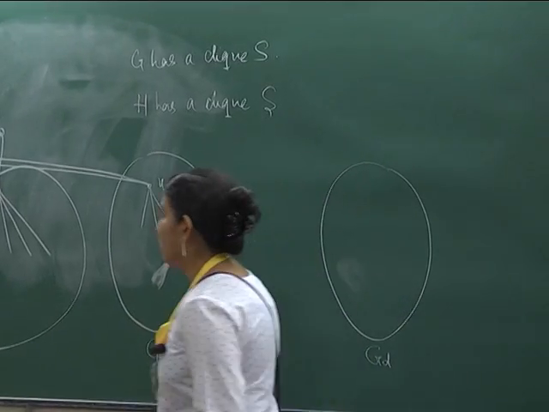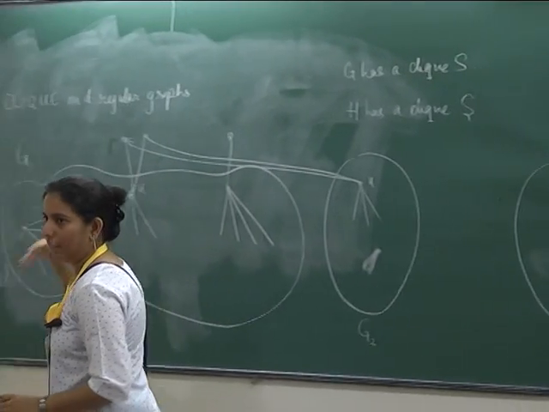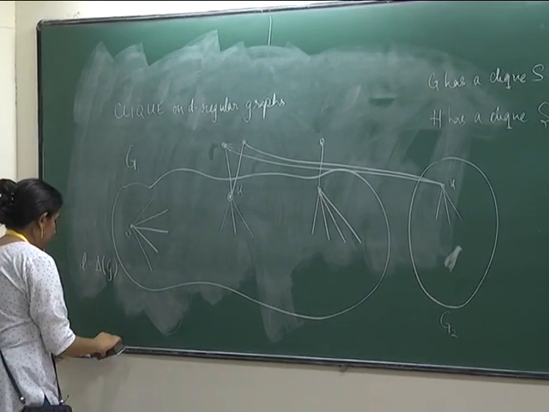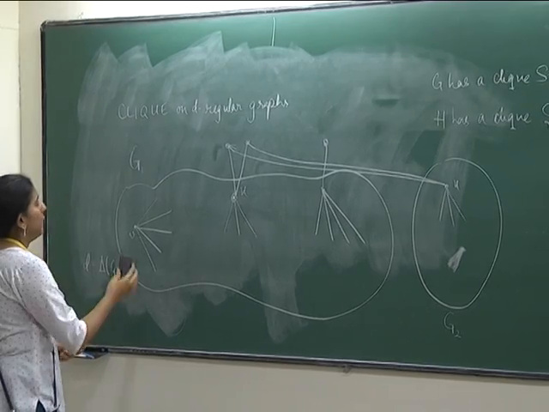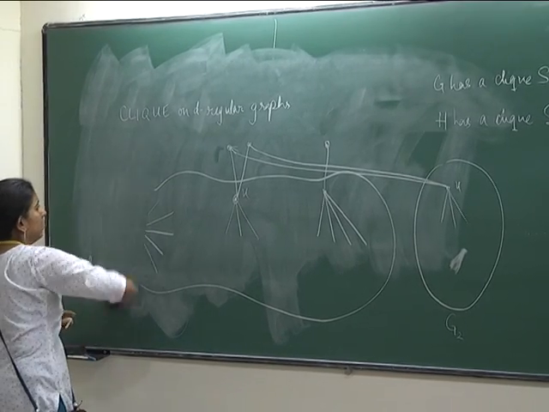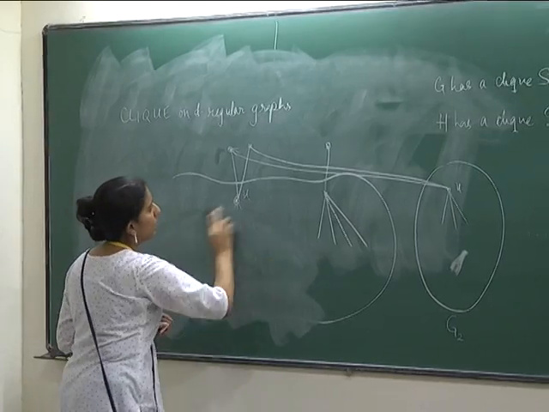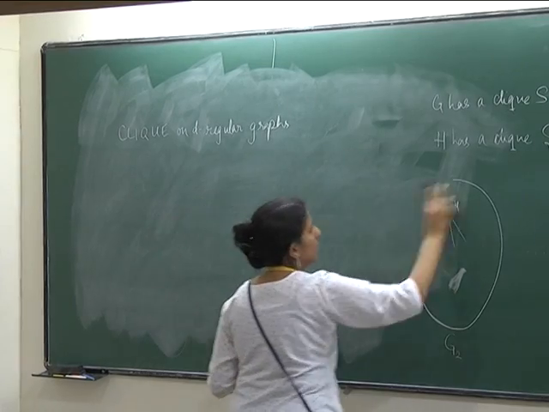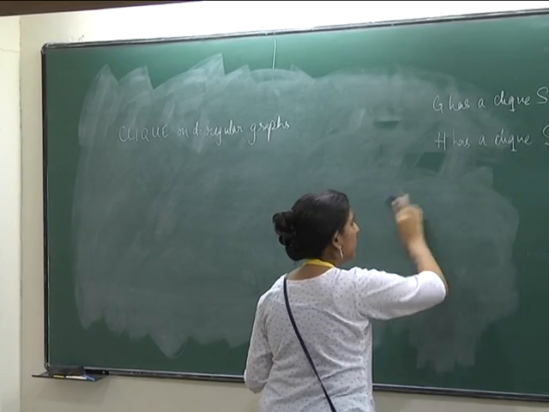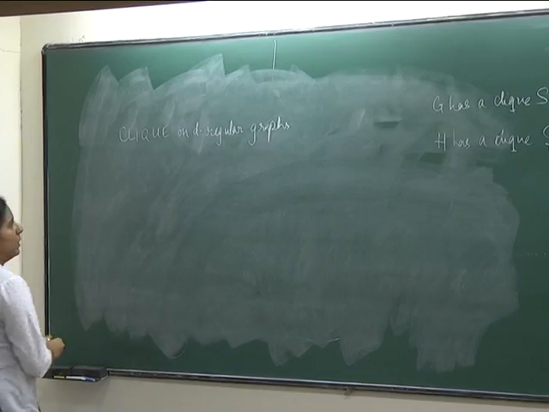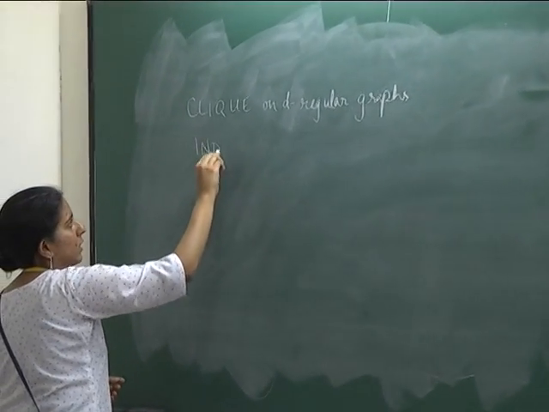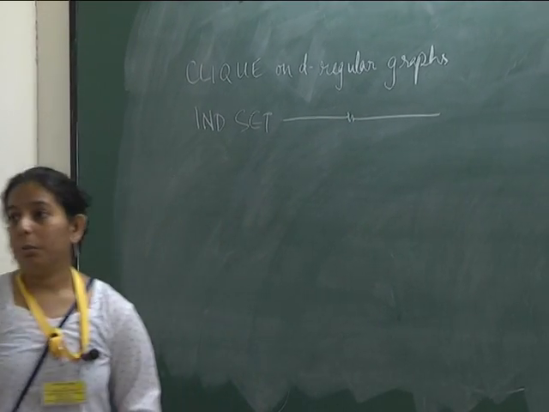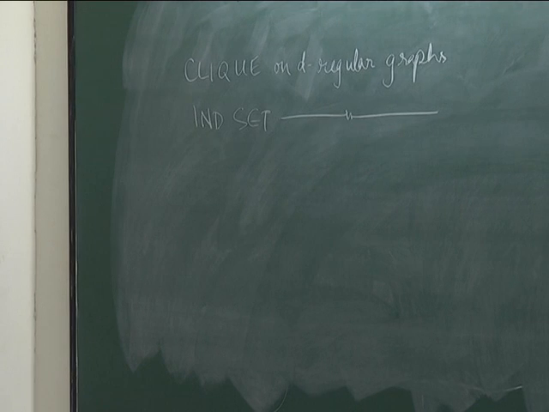Okay, so clique on d-regular graphs is no easier than just solving clique in general. This also implies that independent set on d-regular graphs is hard, because how do you go from clique to independent set?